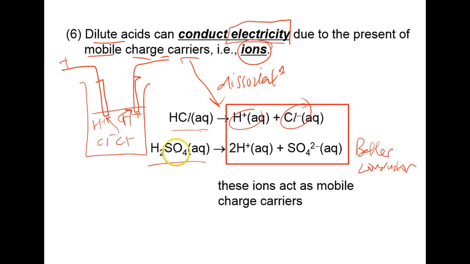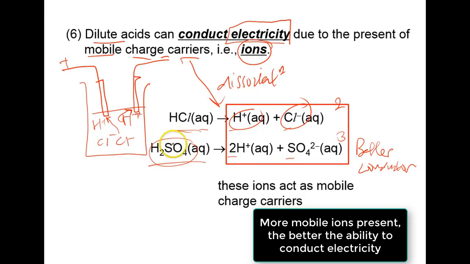Why? Because for every unit of H2SO4, I have 2 plus 1 units of ions versus 1 plus 1 units of ions. So I have 2 units of ions here, I have 3 units of ions there. Because I have more mobile charge carriers, H2SO4 is a better conductor of electricity.